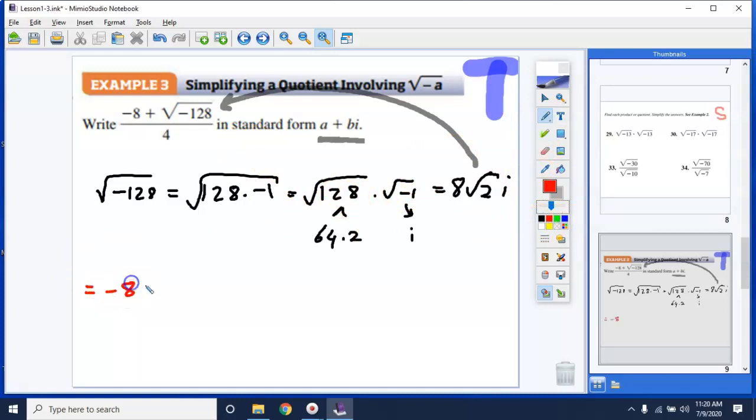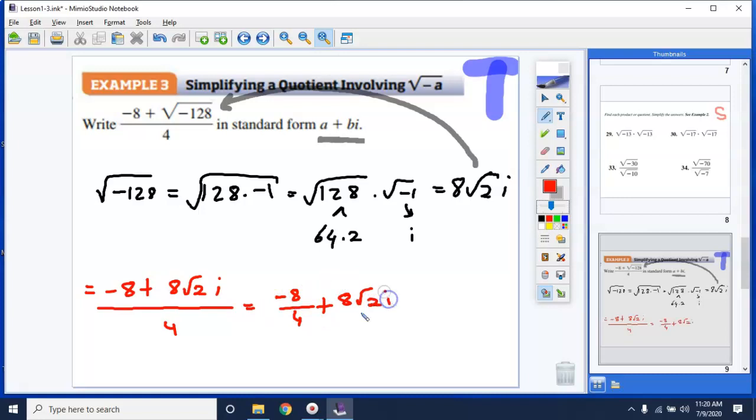So negative 8 plus 8 square root of 2i divided by 4. So I'm going to do this. Negative 8 divided by 4 plus 8 square root of 2i divided by 4. So let me divide the first part. Negative 8 divided by 4 should be negative 2.